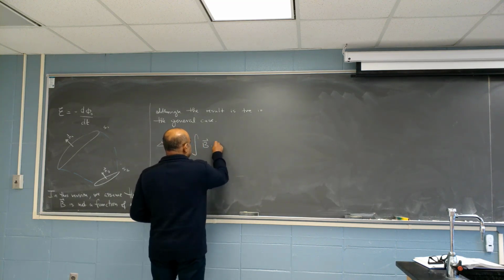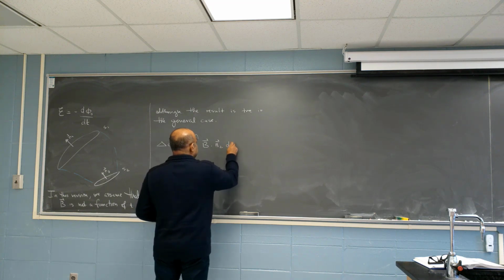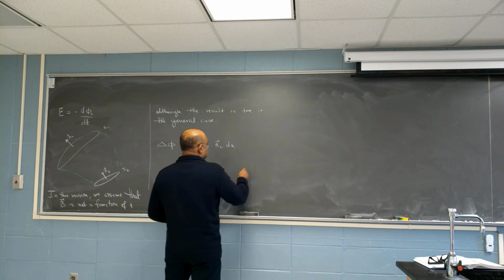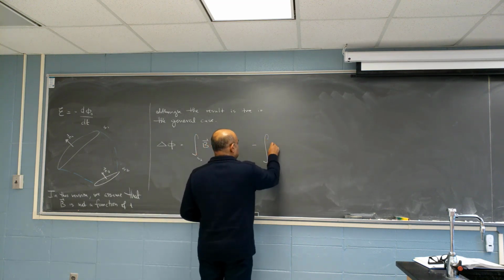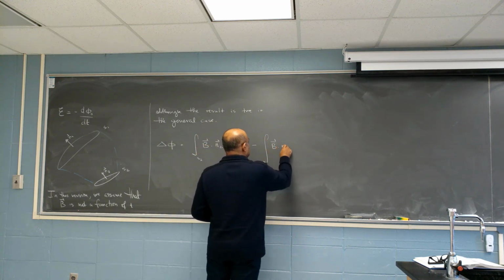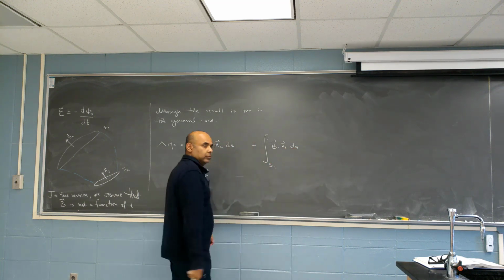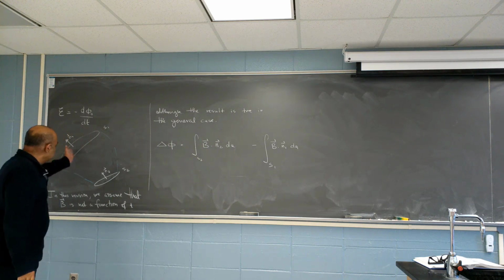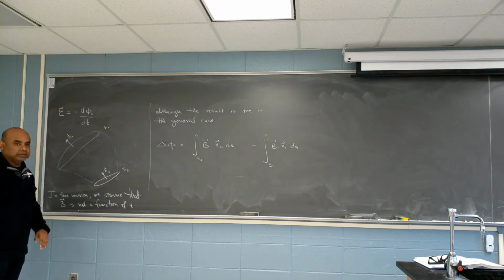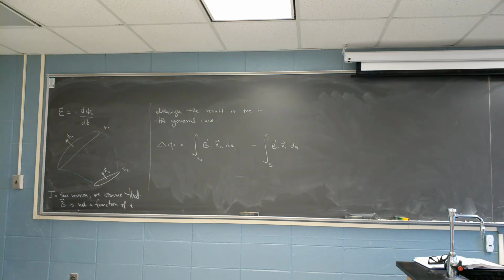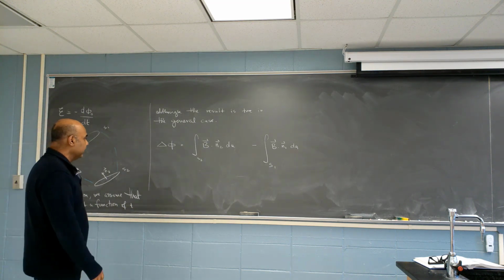B dot N2 dA, this is through S2, minus B dot N1 dA. Remember, N1 and N2 point in the same direction. So, not in the same direction, but on the consistent side of the loop. That's what the change in magnetic flux is.